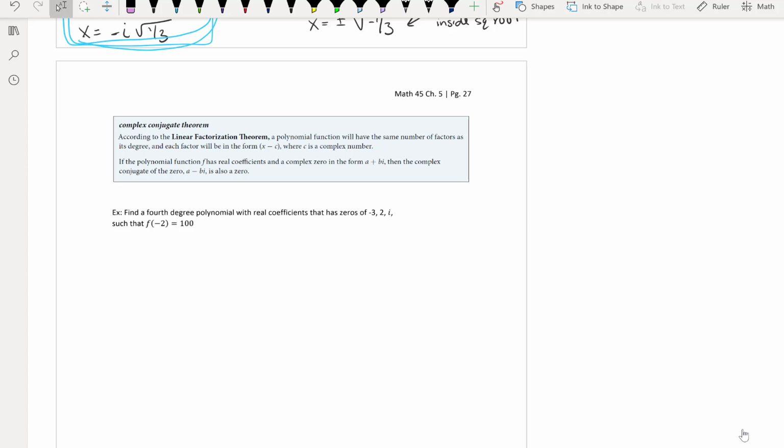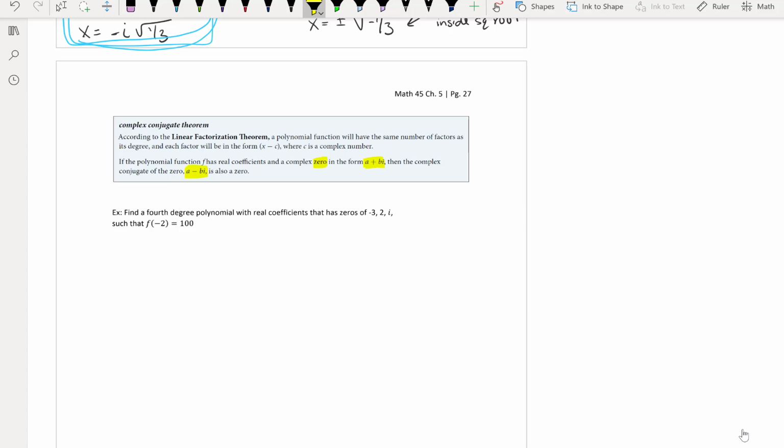And you're just like, okay, well that's cool. So I know that if I were to have a plus bi, which is complex, and we know it to be a zero, then we also know that the conjugate a minus bi is also going to be a zero. I'm like, okay, well that can help us.